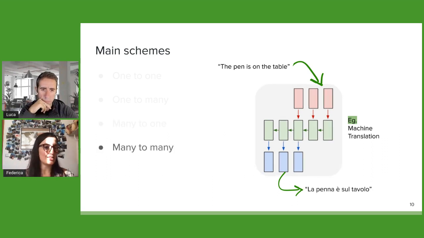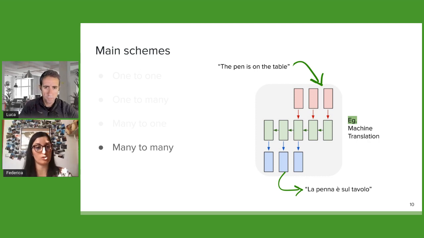And then with the last case, which is the most complex, we have many-to-many. So we have an input of a sequence, that is a sentence, as I said before, or a sequence of elements, and we want a sequence of elements also in output. The basic example is machine translation, and that was the first task that was solved with transformers.